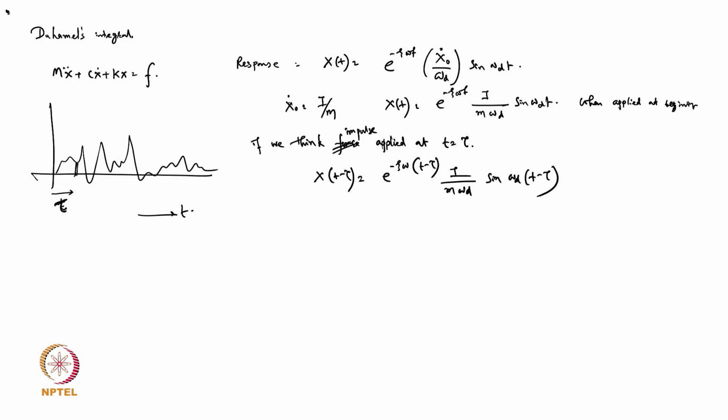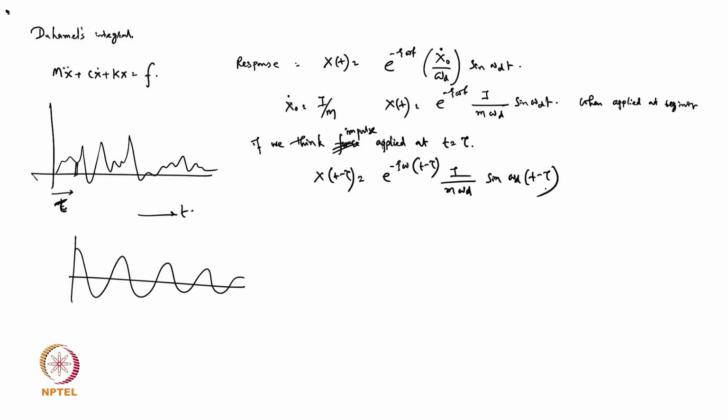Now think that the response is this: once you apply this impulse at time tau, this gives the response. It tells how your graph will look. It is basically a sine function that gets decayed.